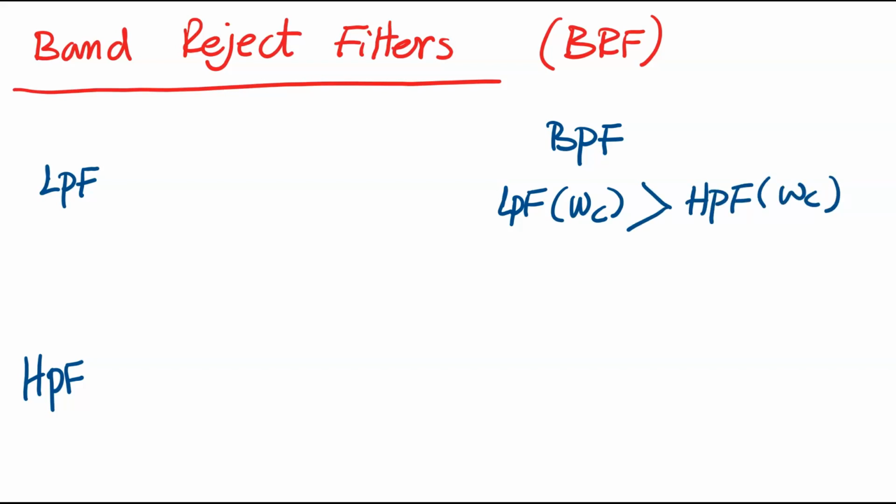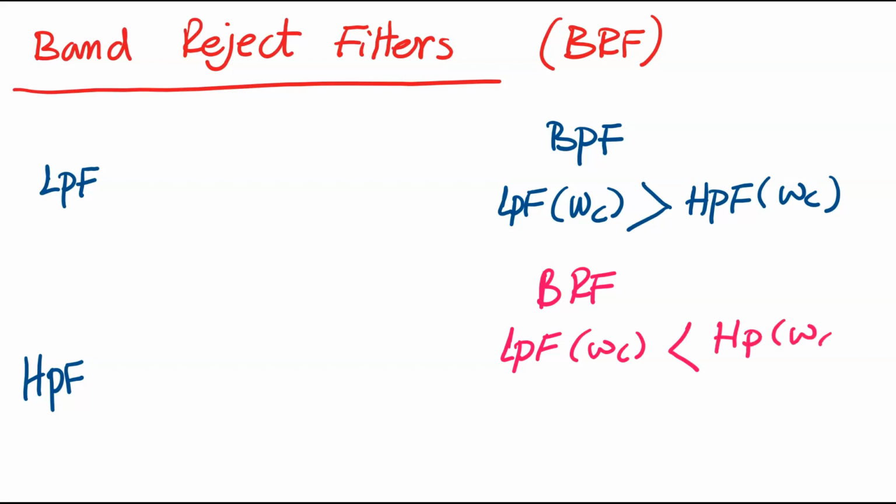But this time, for band reject filter, we need to make sure that the low pass filter cutoff frequency is smaller than high pass filter cutoff frequency.